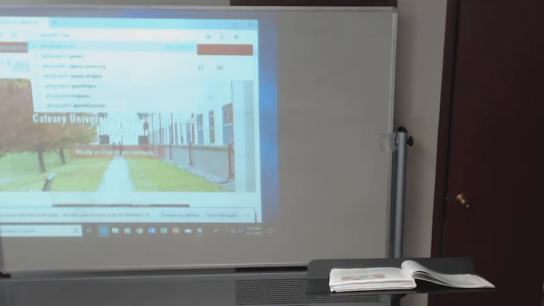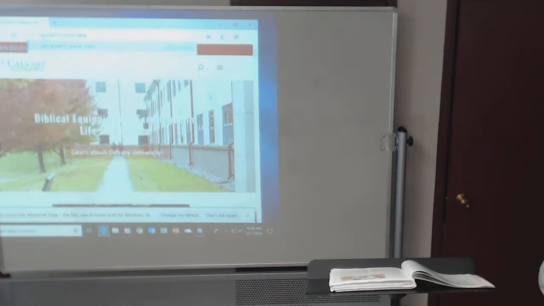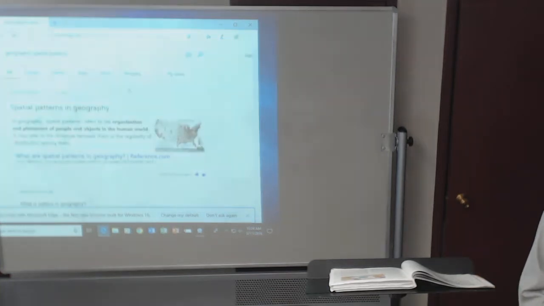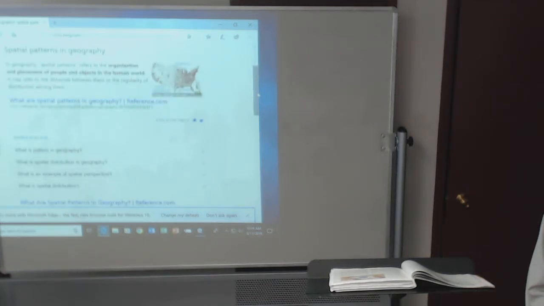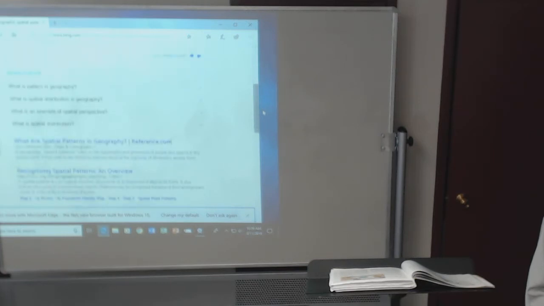Geographic, spatial patterns. Okay, well, look at that. It popped up there. Spatial patterns in geography. It refers to the organization and placement of people and objects in the human world. And which ones do I like here?